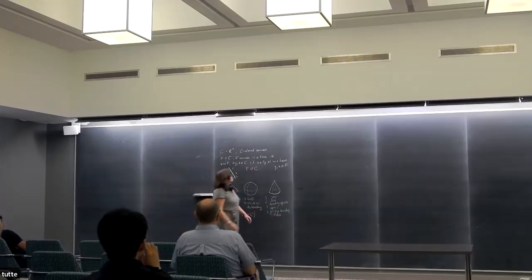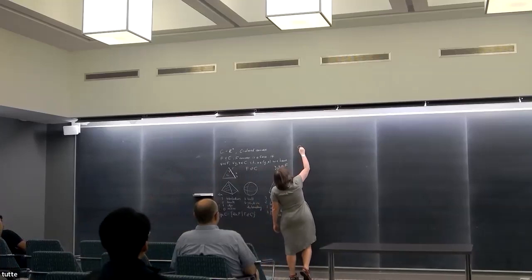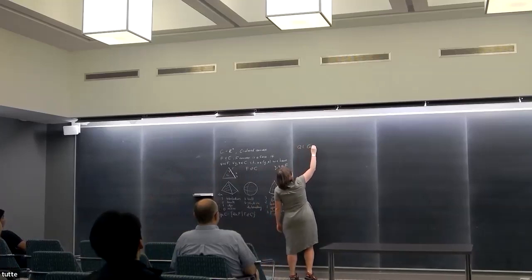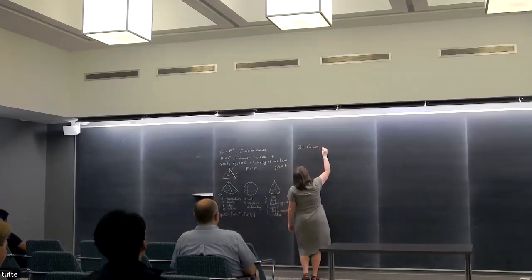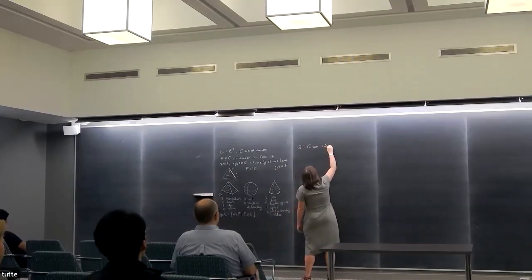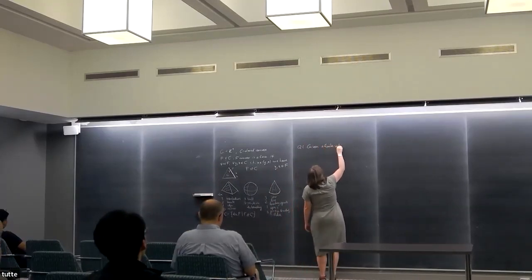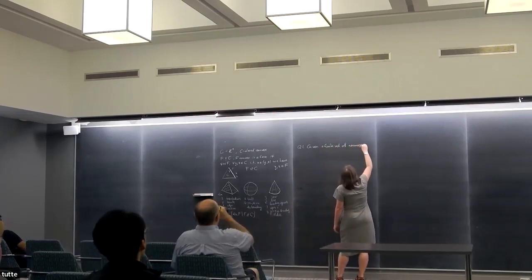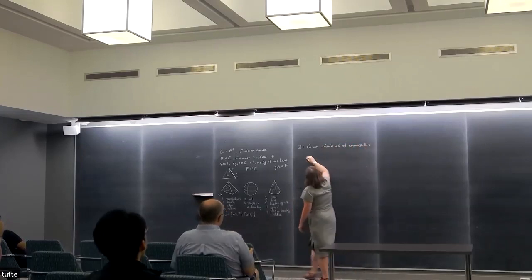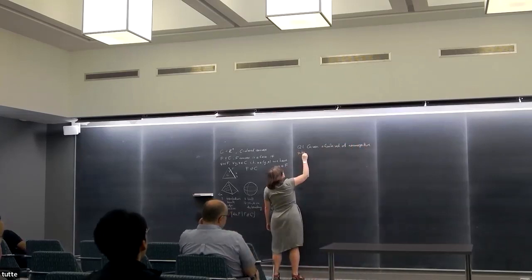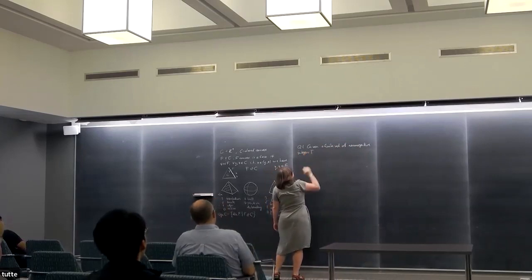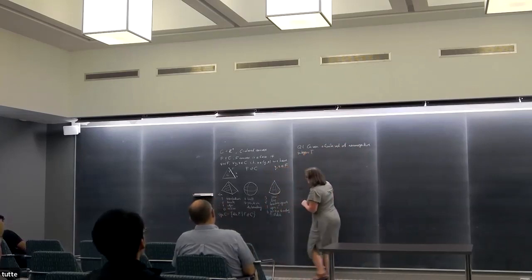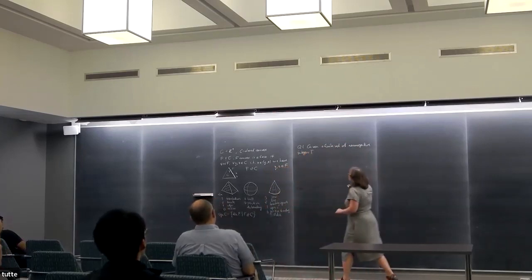Okay, so let me write the question. Question 1: given some finite set of non-negative integers, is there a closed convex set with this signature?